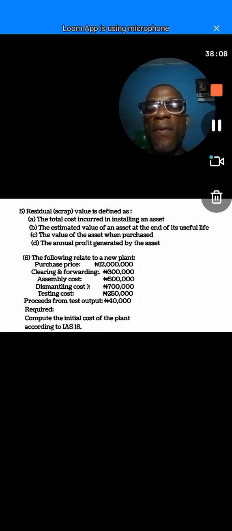Now, look at question number 6. It says, the following relate to a new plant. The purchase price, which is 2 million, and the clearing and forwarding cost, which is 300,000.